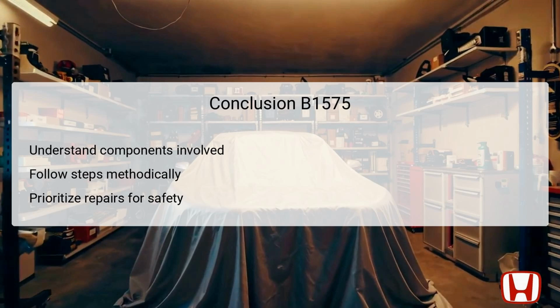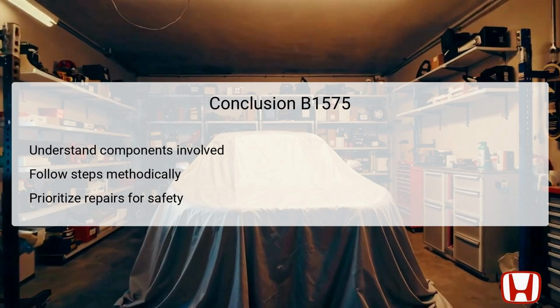In conclusion, understanding the components involved with DTC B1575, especially the auto light sensor and its circuitry, is paramount for effective troubleshooting. The steps for diagnosing and repairing this issue must be followed methodically for the best results.